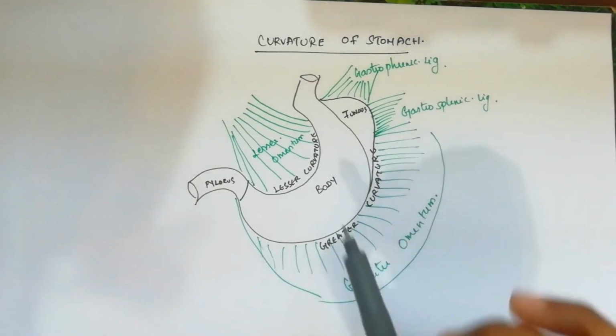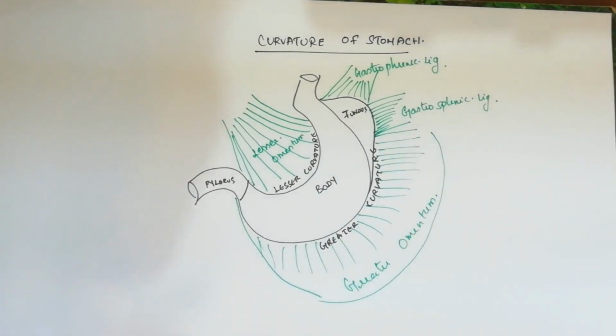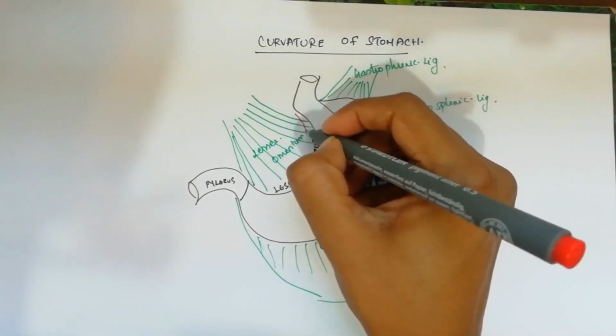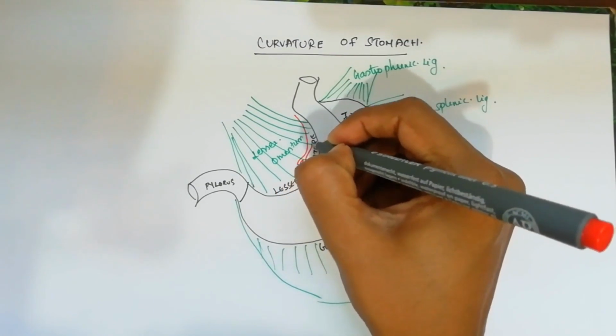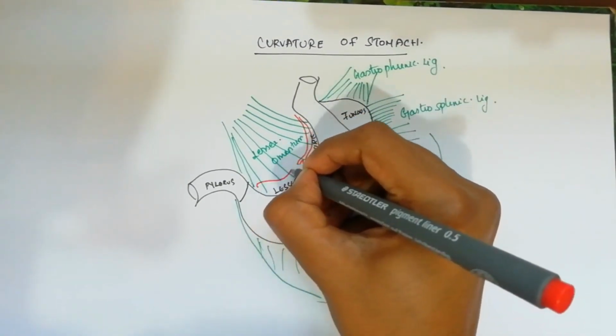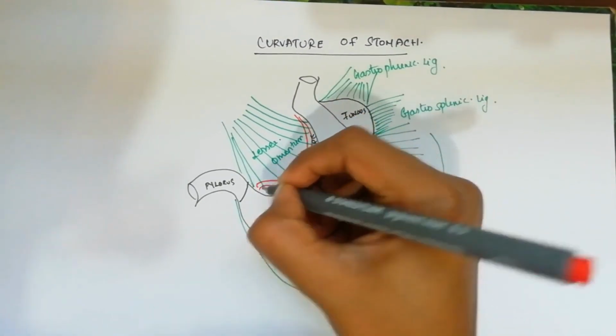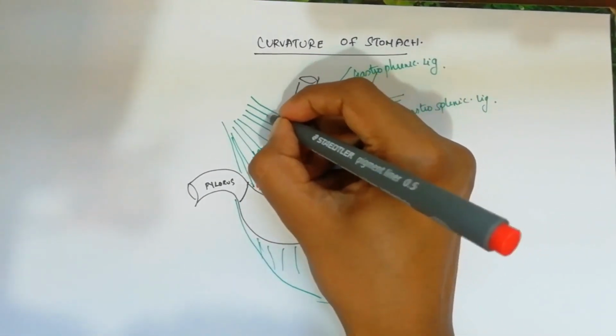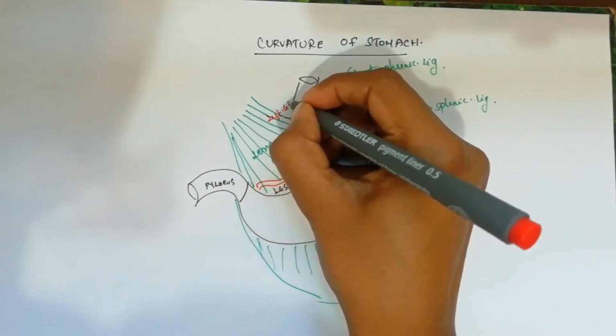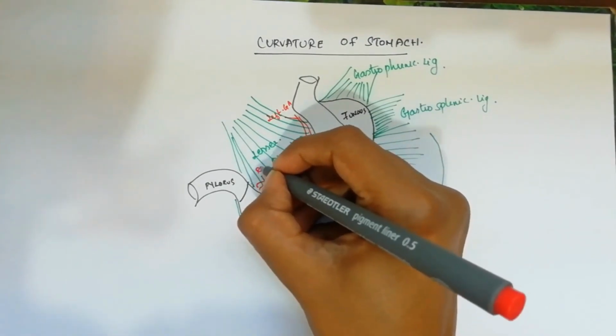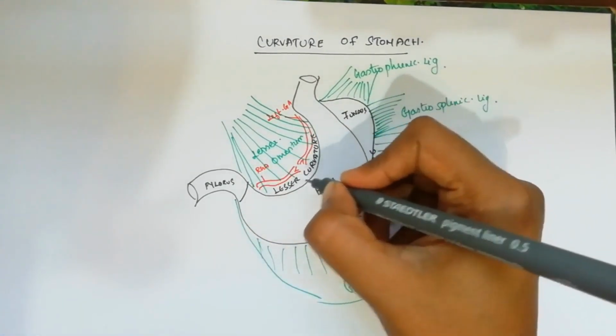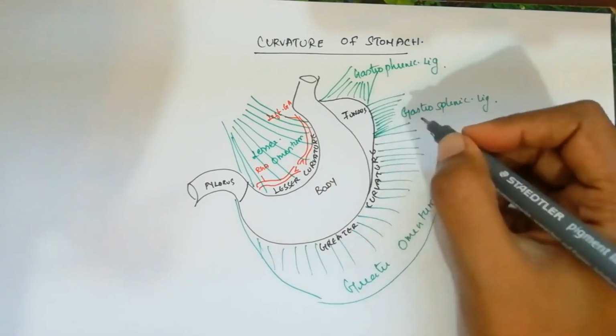Along with that, the lesser curvature is related to an anastomosis between two arteries. We have arteries anastomosing near the lesser curvature, that is the gastric arteries, the right and left gastric artery. So this is the left gastric artery and this is the right gastric artery, which anastomose at the level of the lesser curvature.